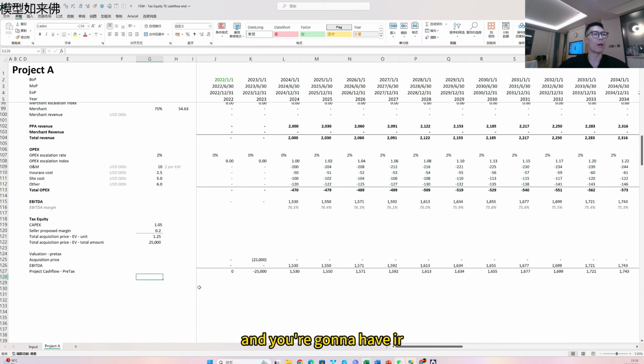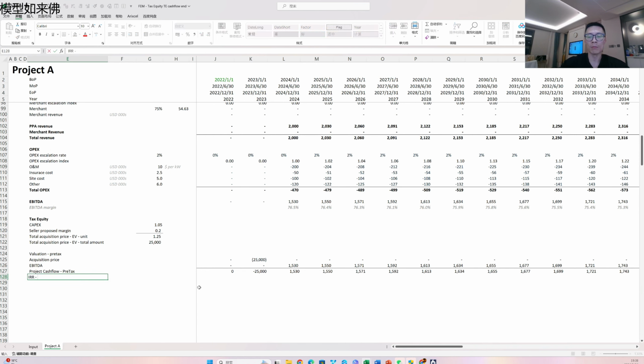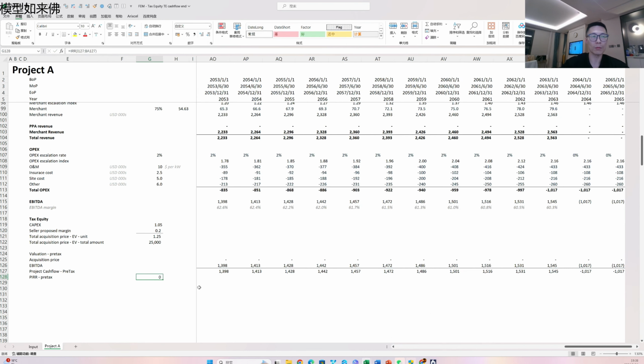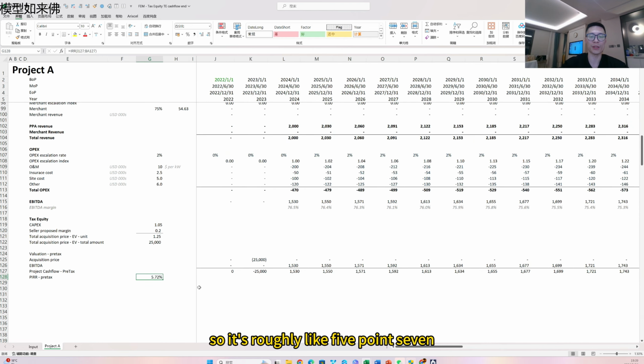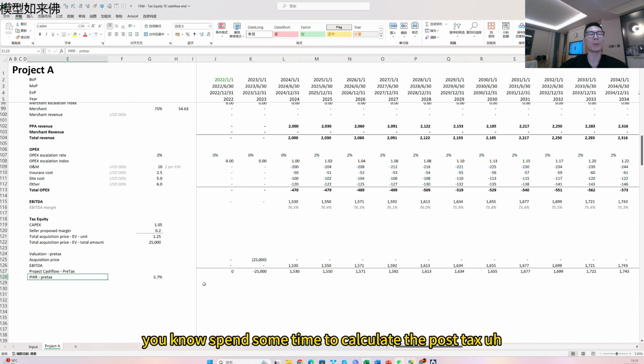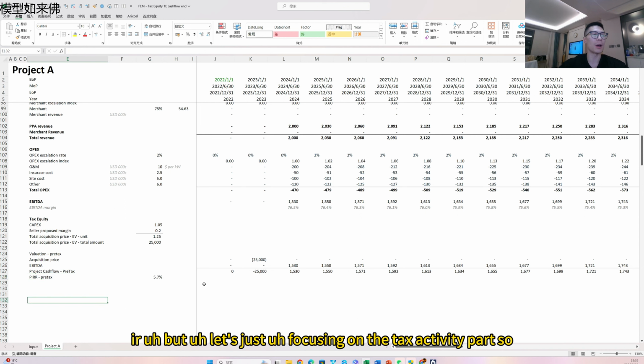And you're going to have an IRR, project IRR pre-tax, PIRR pre-tax. So it's roughly about 5.7, because all our analysis needs to be pre-tax. We can definitely spend some time to calculate the post-tax IRR, but let's just focus on the tax equity part.